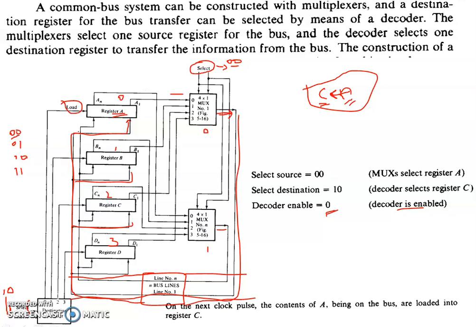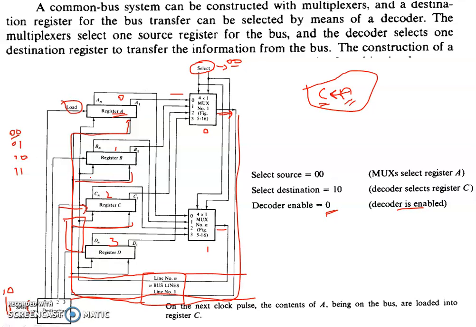So if 1 0 is given, it initiates the load operation to register C, and the data that is currently on the bus will be placed in register C.